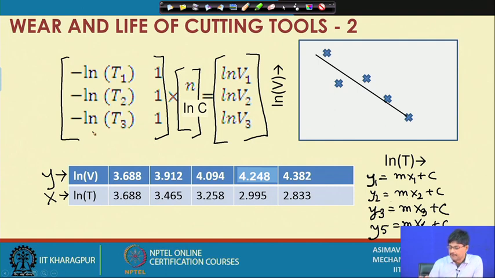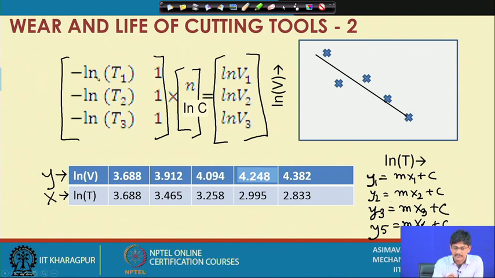So, if we express it in matrix form, taking out m and c in a separate matrix, m is the gradient, and in our case it comes out to be the index of Taylor's equation, the index n of t. So, n and c.